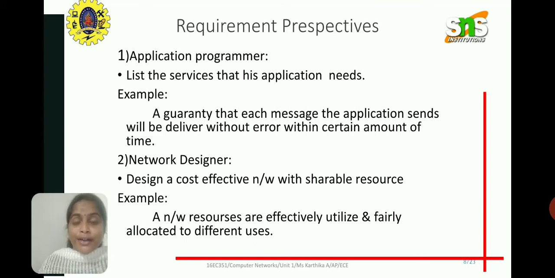We don't want a particular resource used only for a particular application, because it consumes high cost, and we need a lot of resources for different kinds of applications. So network resources should be utilized effectively and fairly allocated to different types of users.